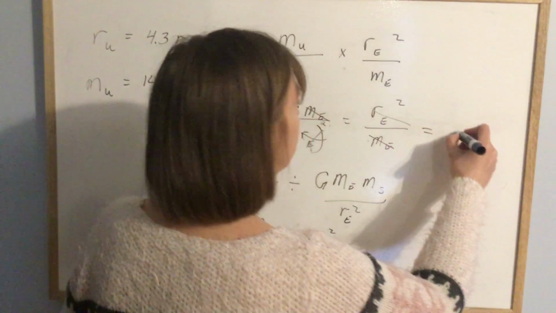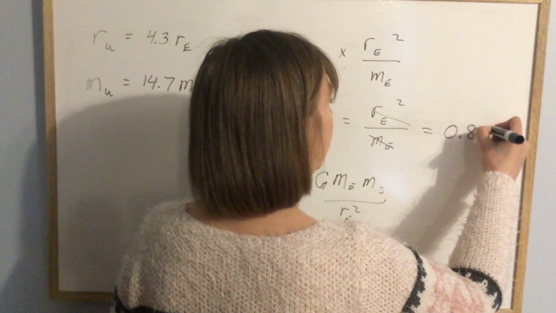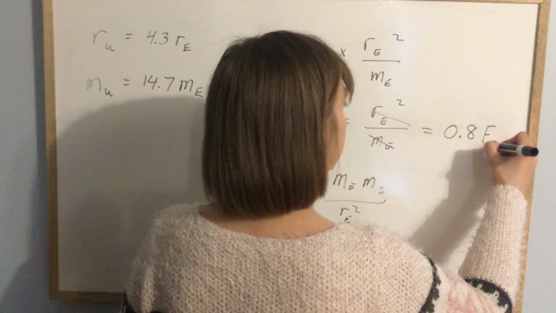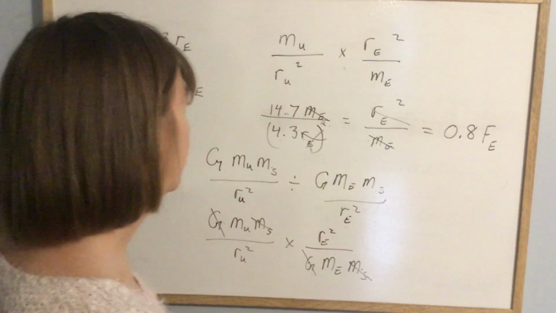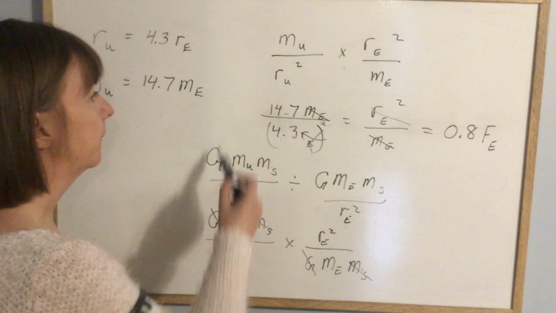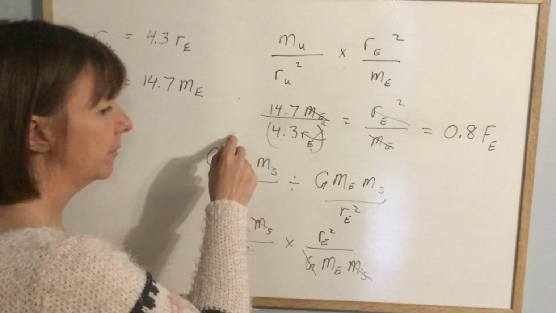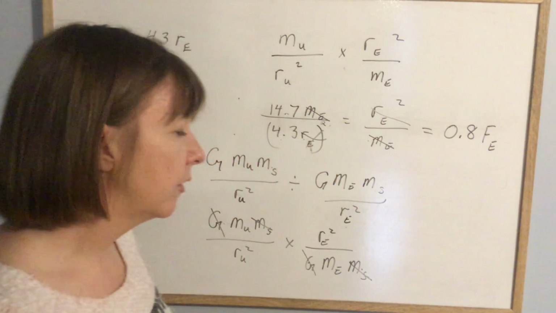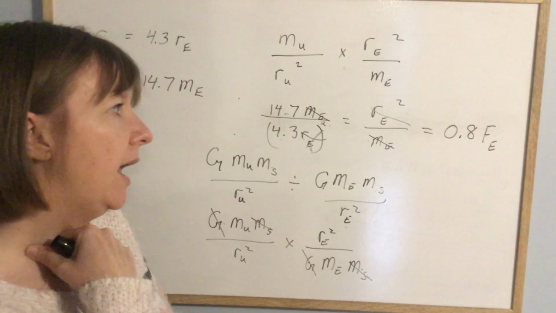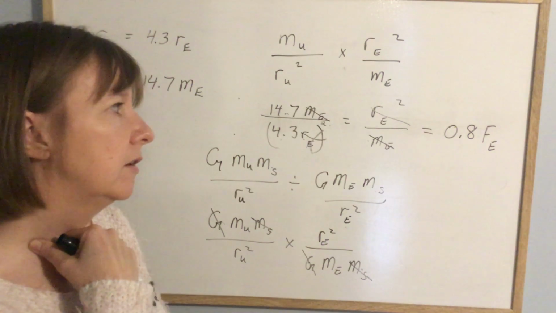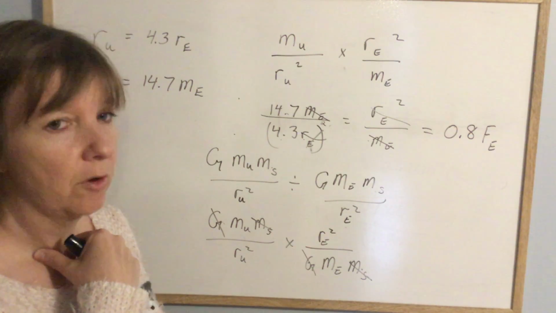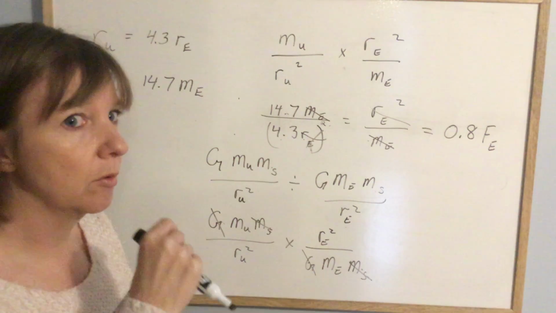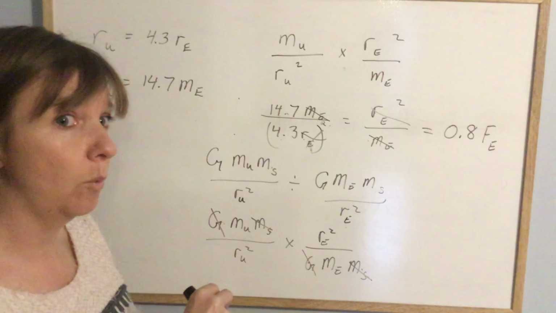And if you do that, you get 0.8 FE. Because remember, Uranus was on top and E was on the bottom. So it's 0.8 times whatever the force of gravity on Earth is. It's 0.8. In other words, it's less than 1.